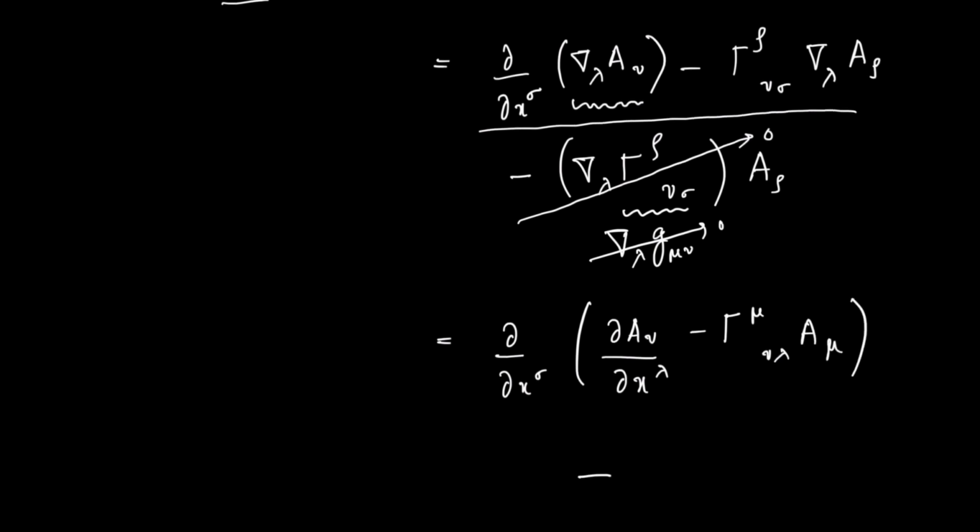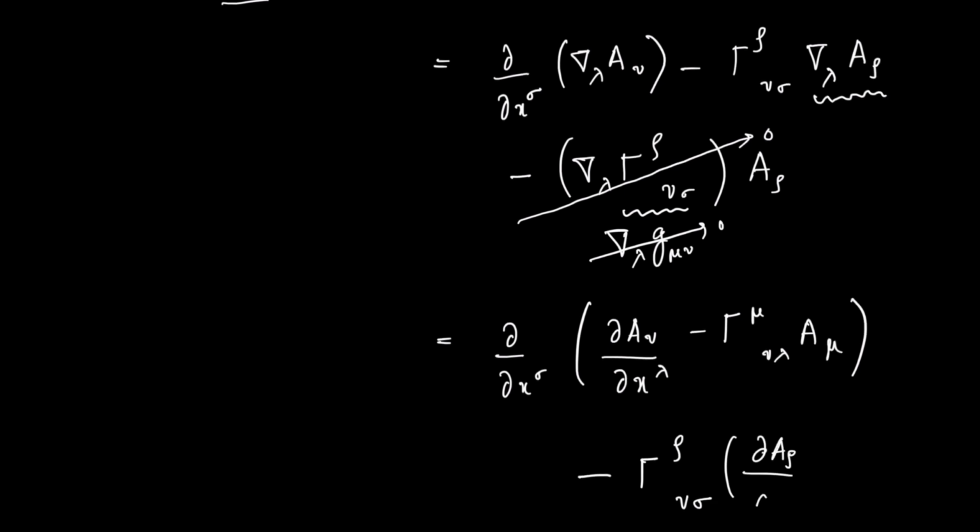Then minus the Christoffel symbol, and now again I have to expand this term. That will be the partial derivative of A rho with respect to x lambda minus Christoffel symbol mu rho lambda A mu. And the last term will go to 0.